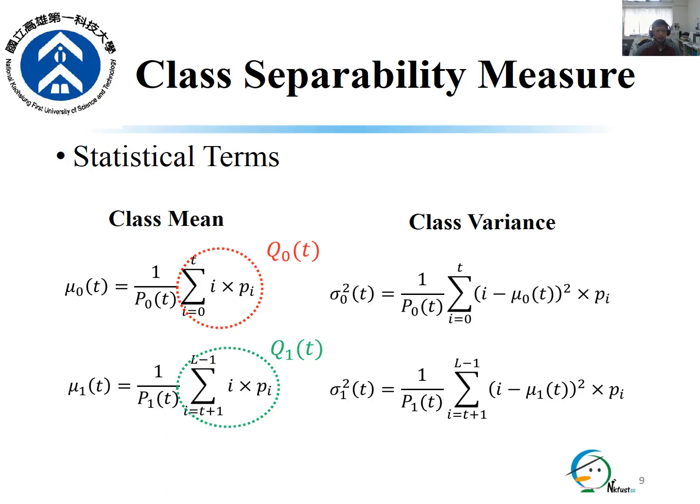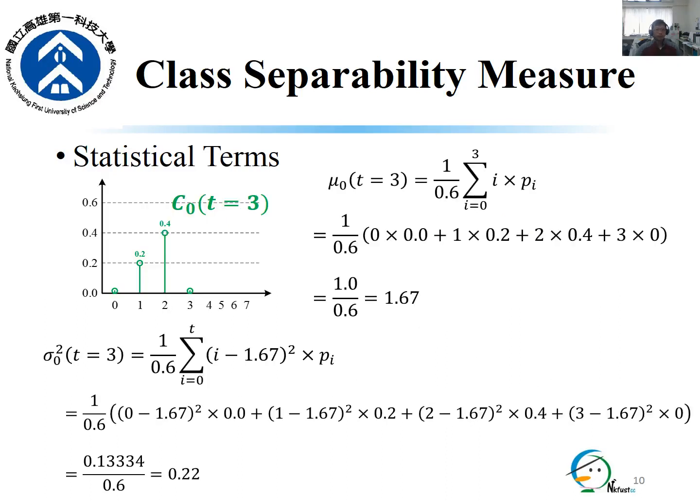The last statistical terms are class variances, denoted as sigma0 squared(t) and sigma1 squared(t). It is a measure of the spread between gray values of pixels in a class. They are calculated by taking the difference square of all pixels to the class means and dividing by class occurrence probabilities.